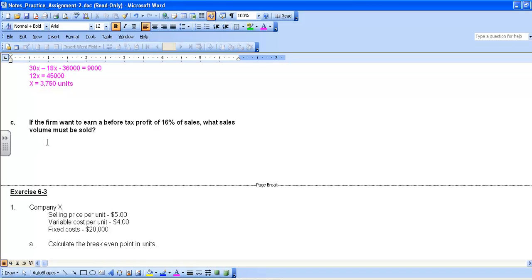And in the last example, if the firm wants to earn a before tax profit of 16% of sales, what sales volume must be sold?